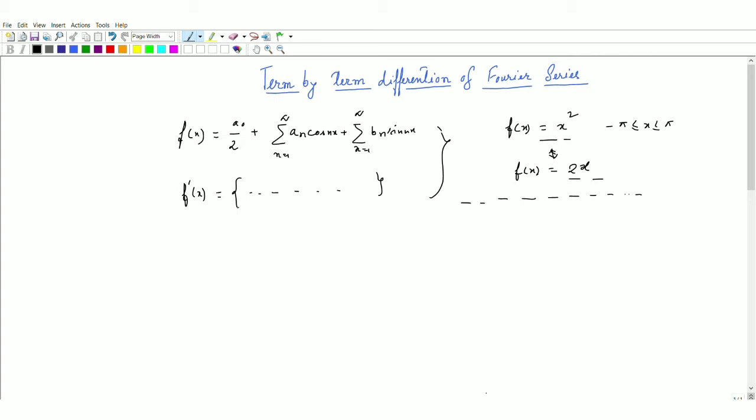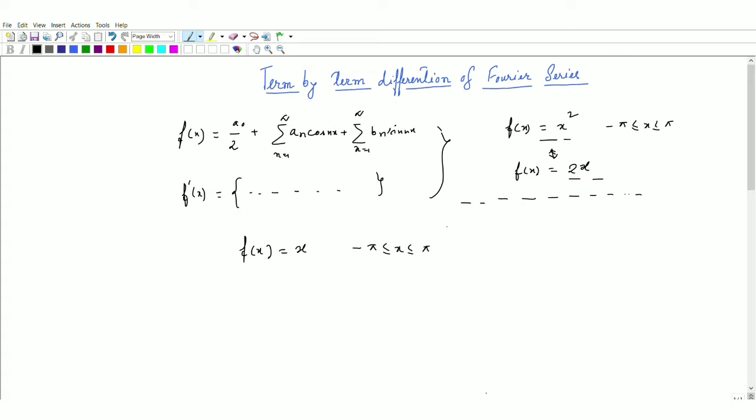So we'll now see one example where we cannot do term by term differentiation. We can start with the simplest example, f(x) = x. Okay, so suppose this is a function which has been defined in the interval minus pi to pi.